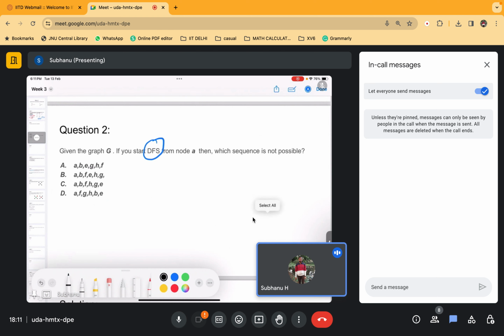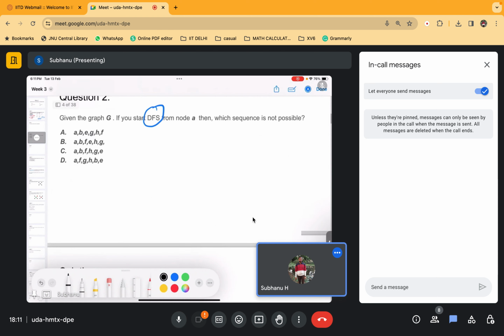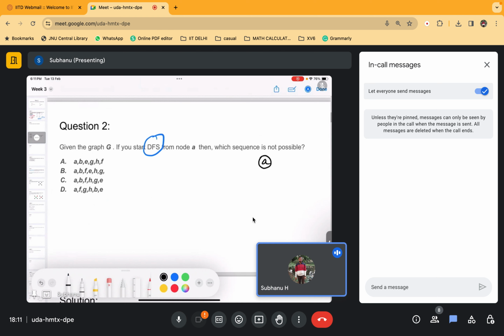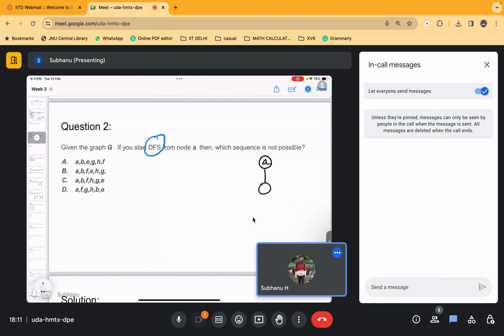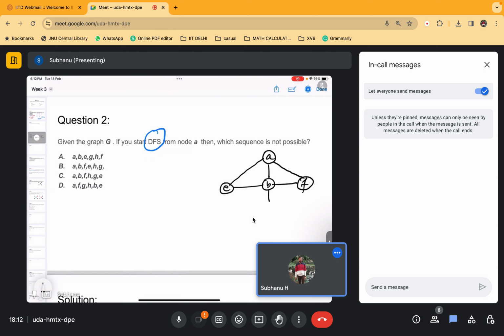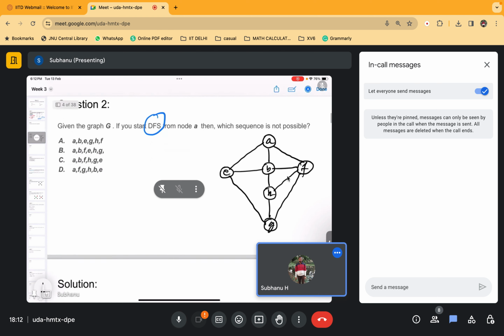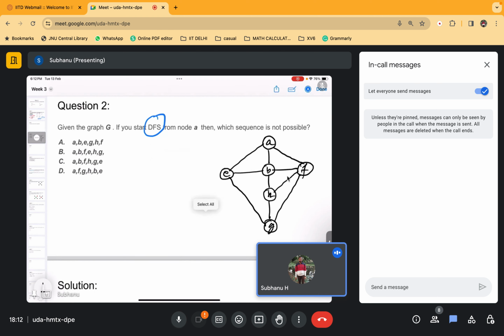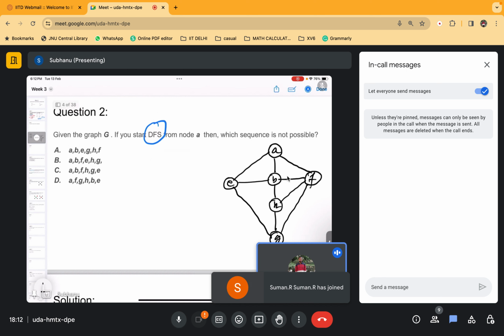So the graph is given like this. This is A, this is B. I hope the question is clear to everyone, that this is the given graph.